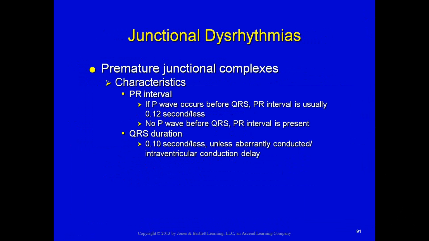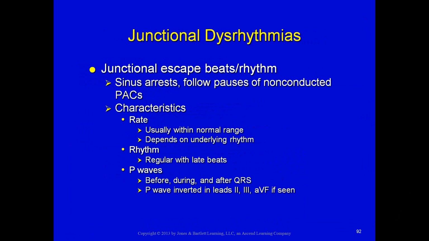The PR interval is usually short. If there is no P wave before the QRS, obviously the PR interval isn't present. The QRS should be normal width because once it leaves the AV node, it travels the normal conduction pathways and should cause a normal depolarization of the ventricles.